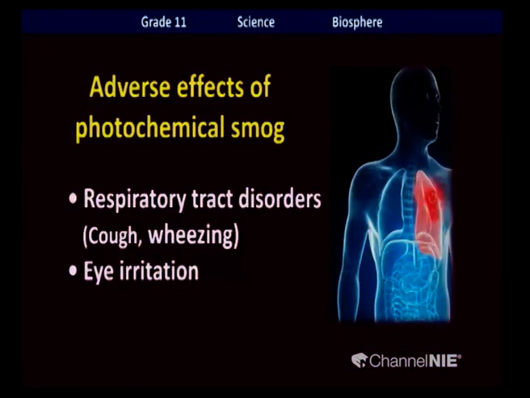So what are the adverse effects, or what are the harmful effects of photochemical smog? Number 1, respiratory tract disorders. Number 2, eye irritation. If you go to an industrial city, sometimes you can feel a burning sensation in your eyes, and sometimes you can get a headache due to inhaling these secondary pollutants and other toxic gases.